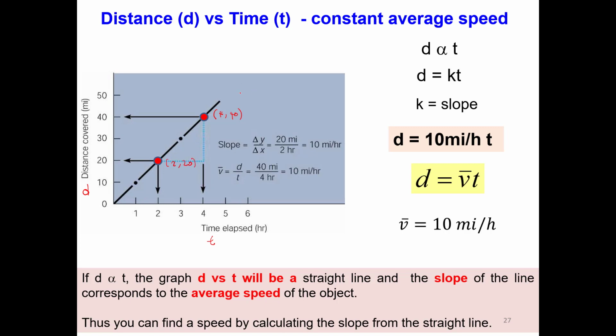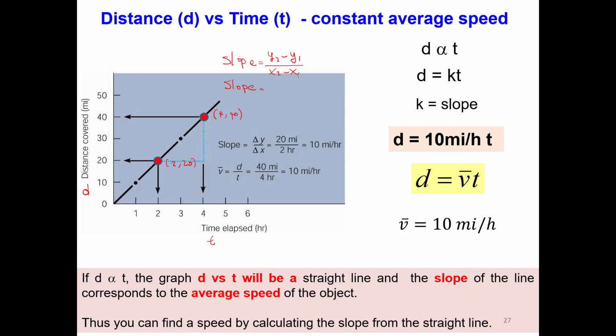Let's calculate the slope here. The general equation for the slope is y2 minus y1 divided by x2 minus x1.